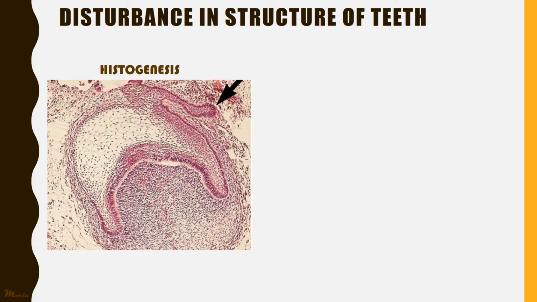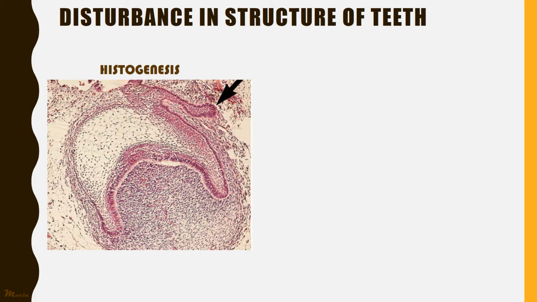In the histogenesis of the enamel organ, certain cells undergo specialization into more mature cells, like cells of the inner enamel epithelium undergo maturation into ameloblasts, whereas cells within the dental papilla undergo maturation into odontoblasts.